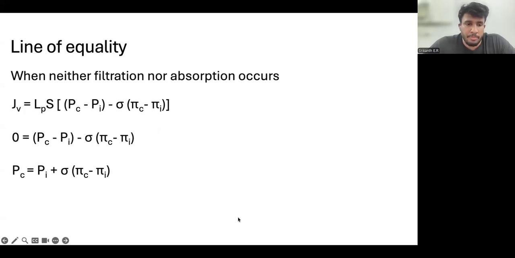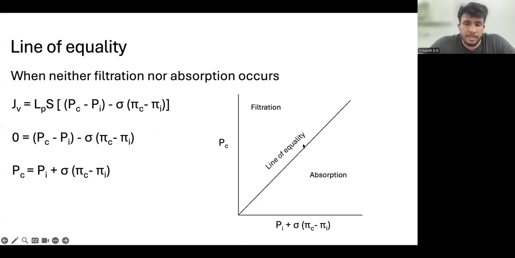If I plot a graph between capillary hydrostatic pressure and the sum of all opposing forces, the line bisecting this graph is the line of equality, where there is neither absorption nor filtration. Anything towards the left side of this line is where filtration is happening. Anything towards the right side is where absorption is happening.